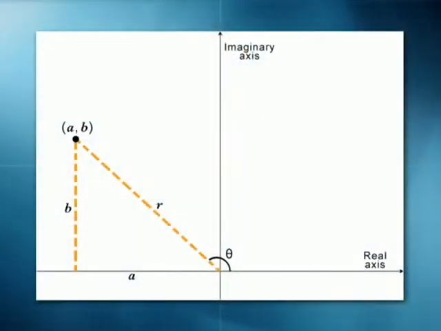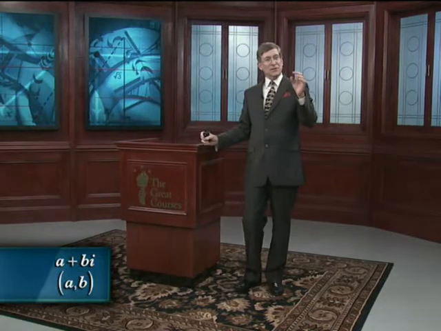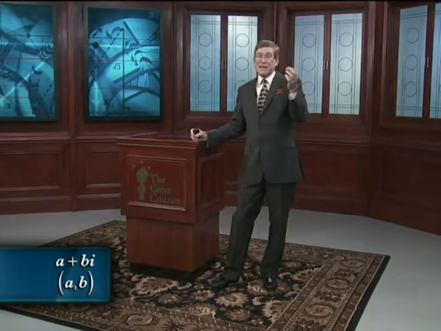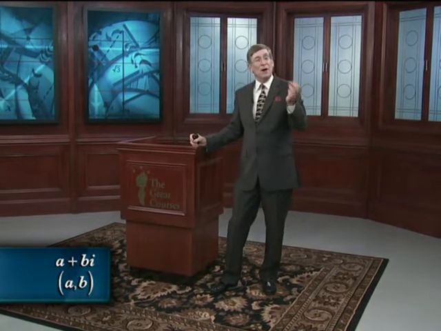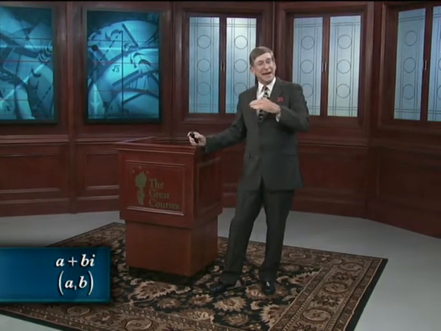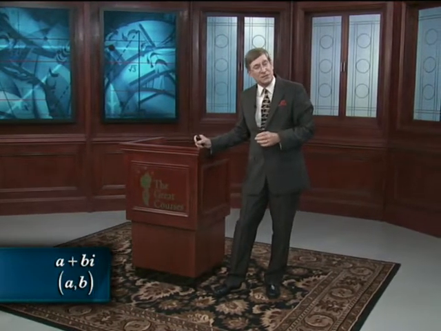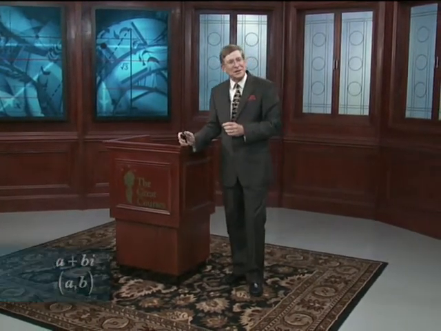Now, if a comma b is in the plane, it has some components. a is the distance along the x-axis, b along the y-axis, and r is the distance to the origin, the absolute value of that number. In particular, r is often called the modulus, and theta will be the angle this complex number makes with the positive x-axis, just like in trigonometry.